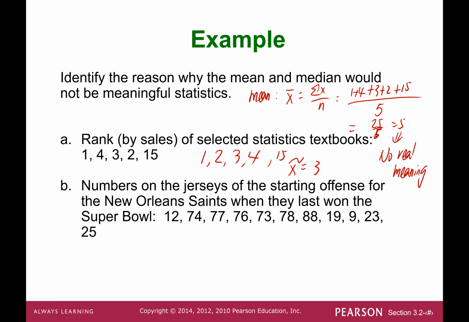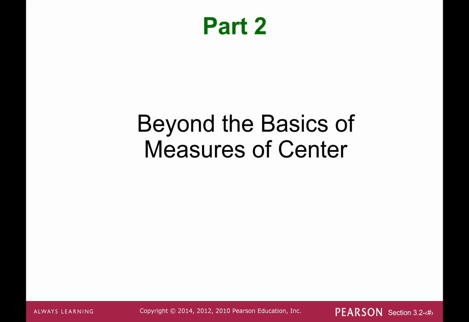And also numbers on the jerseys of starting offense for the New Orleans Saints when they last won the Super Bowl. Yeah, all those are the jersey numbers, and you average all those jersey numbers, or you find the middle of those jersey numbers, and it's impossible to interpret in the real sense. So again, you can find a mean, median, but in these cases, you won't be able to find a meaningful interpretation about those.